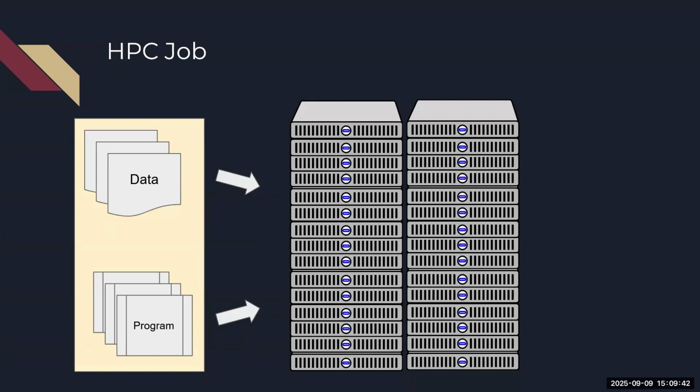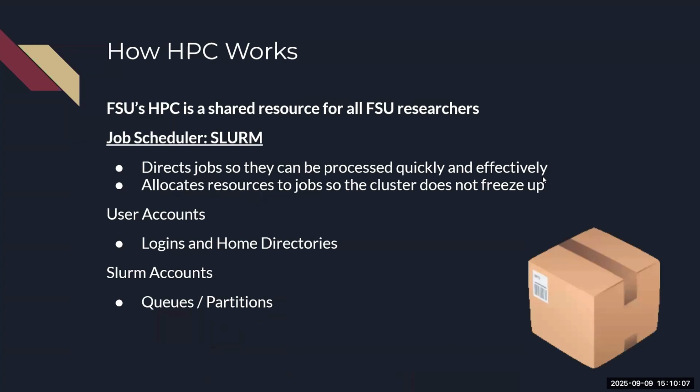It's located in Innovation Park. And so you'll be able to submit to these compute nodes remotely, and then it'll provide you some output from the results. Instead of running the data and program on your local computer and getting the output immediately, it's a similar process, but you're sending it out, and then it's coming back to you.